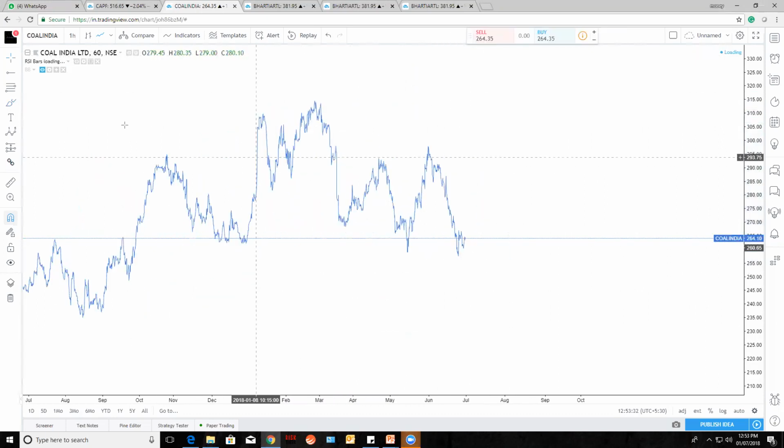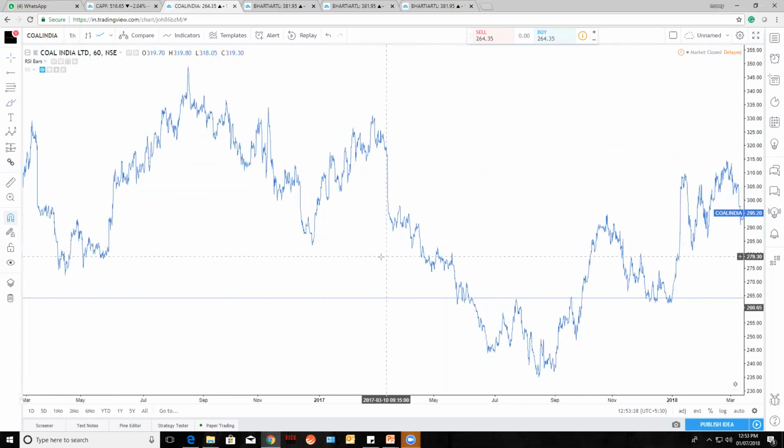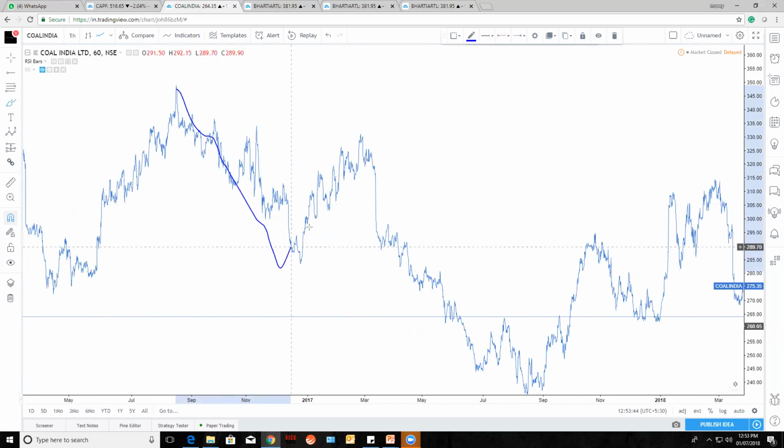We have so many. Actually the system got formatted, otherwise I would have shown you some examples. See, here also it is an ABC structure. Let's see this. See here, it is looking like ABC, right?